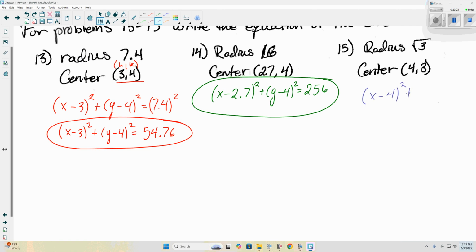Then x minus 4 squared plus y minus 3 squared. The square root of 3 squared would just be 3. Yes, sir.